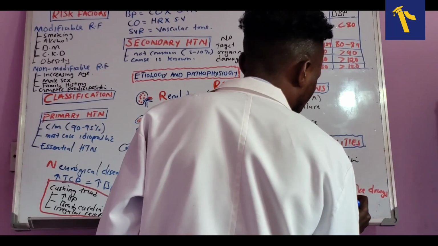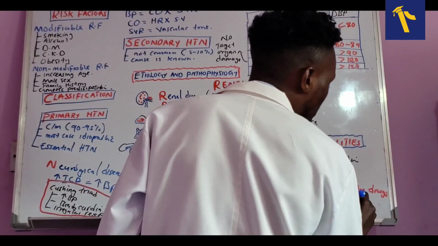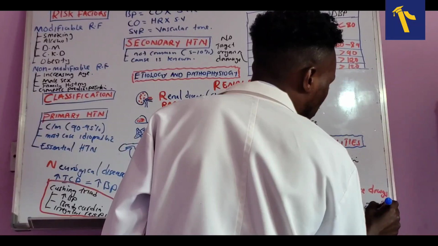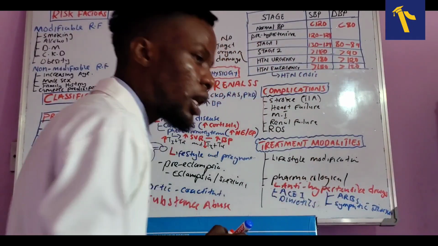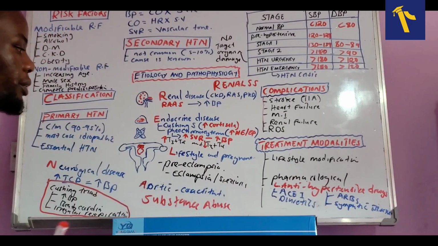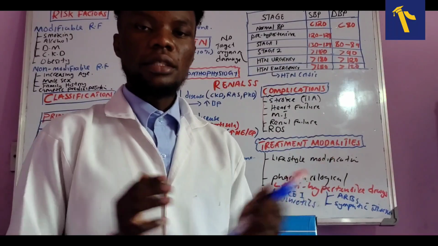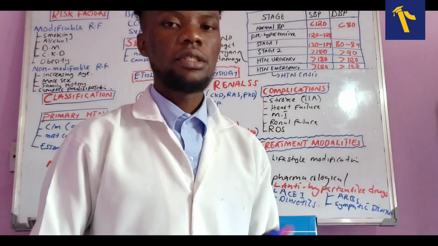We can give something like that. So sympathetic system blockers, you can give beta blockers, alpha receptor blockers. All those things we can give them as well. And this is how you can go about hypertension. And this is where we end from. Make sure that you study more. All the best until next time.